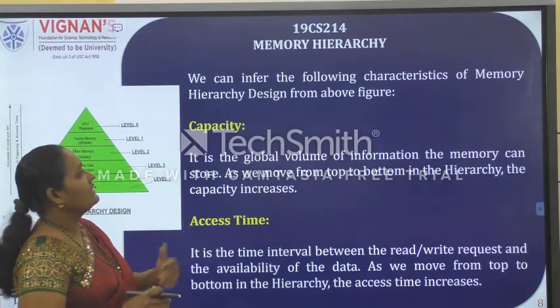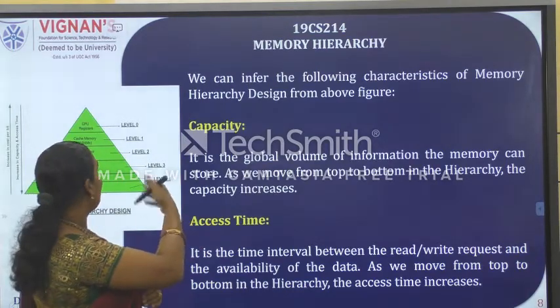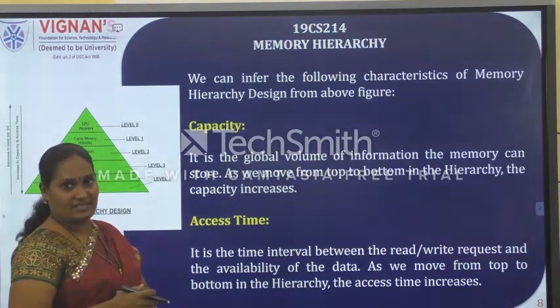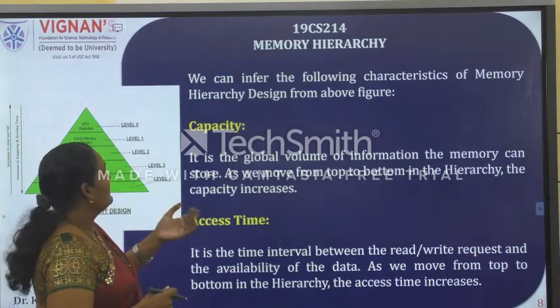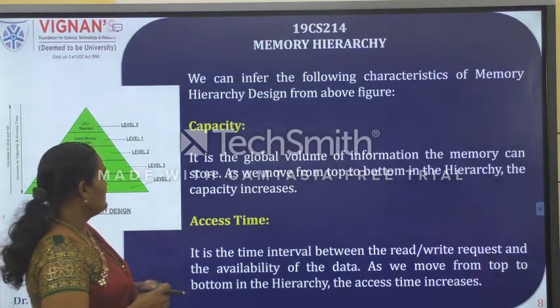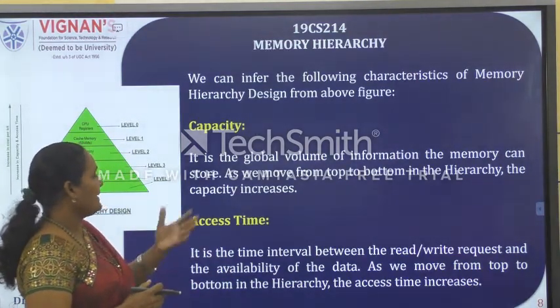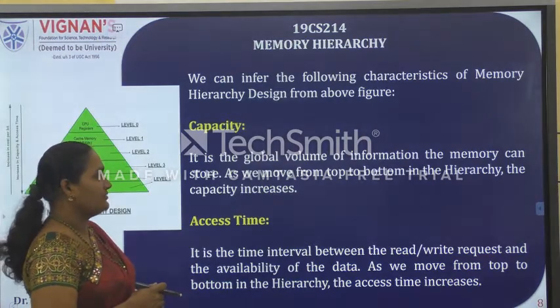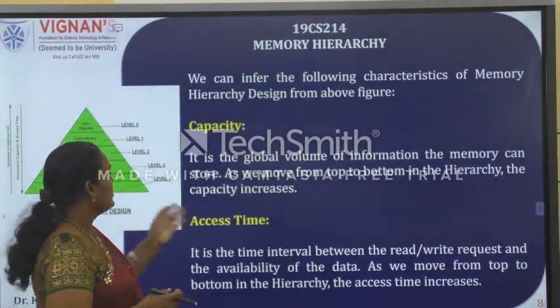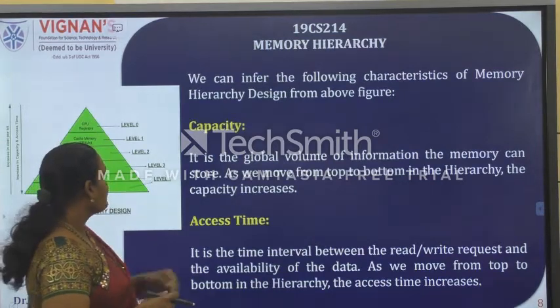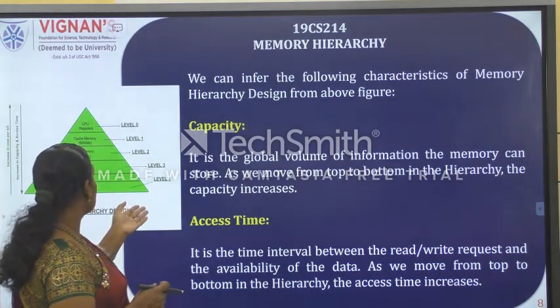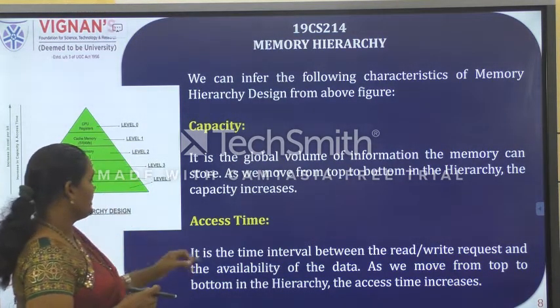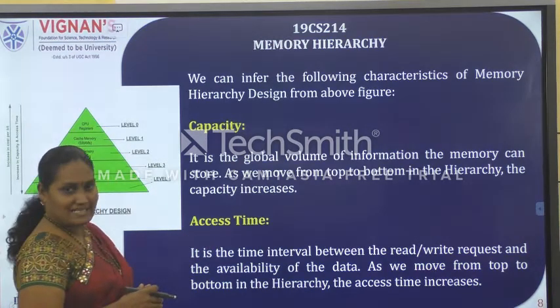Now, we explained the hierarchy based on various factors. Now I am going to elaborate on those factors. The first factor is capacity. Capacity is nothing but the volume of information that we can store in those memory devices. That capacity increases from top to bottom. Coming to access time, what is access time?